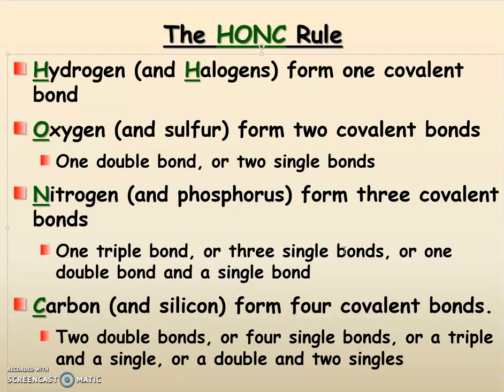Carbon and silicon make 4 covalent bonds. Again, the combination depends on the molecule. It can have 2 double bonds, 4 single bonds, a single and a triple, or a double bond and 2 single bonds. But the point is it needs to add to 4.